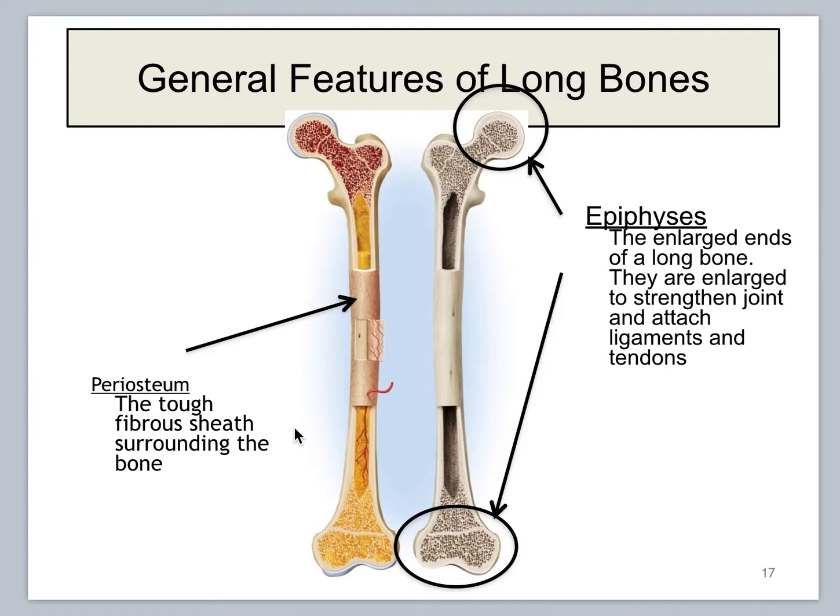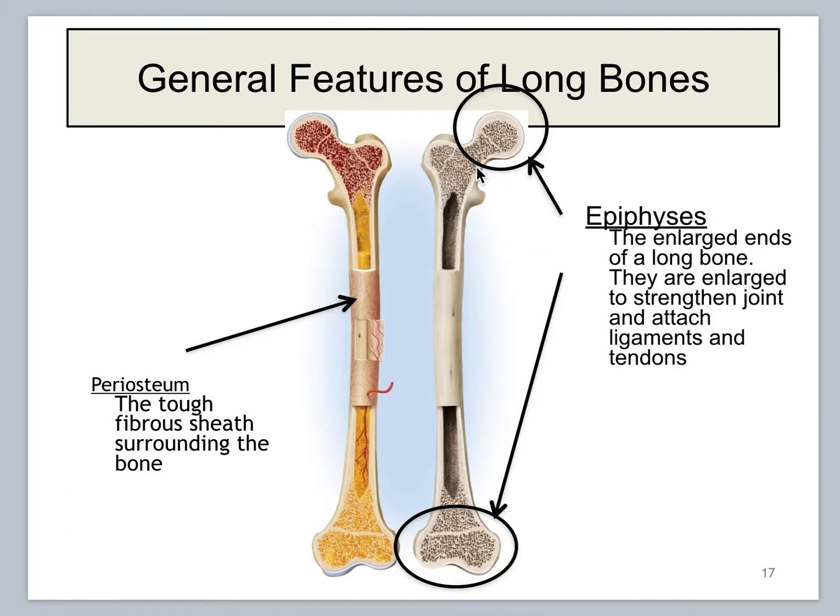Periosteum is a fiber sheath surrounding the bone. Just be aware that the periosteum is full of nerves, and when you fracture a bone, it's the periosteum that causes the pain because there are so many nerves in the periosteum. Now, we said the shaft of the bone is the diaphysis of the bone. The epiphysis of the bone are the ends of the bone. The ends of the bones are enlarged compared to the center of the bone.